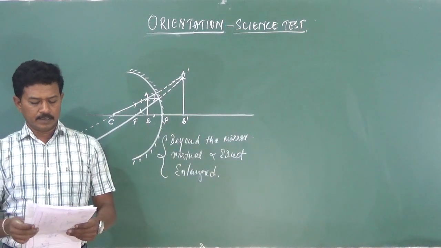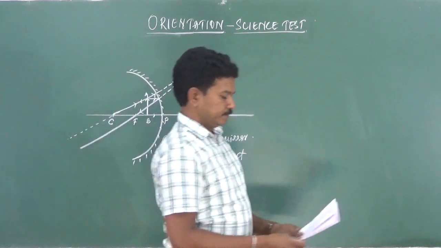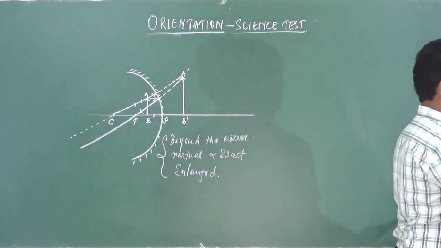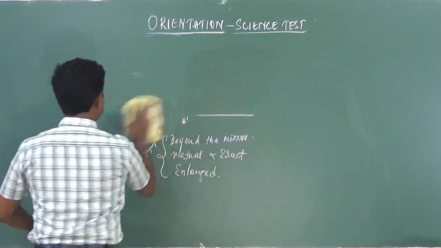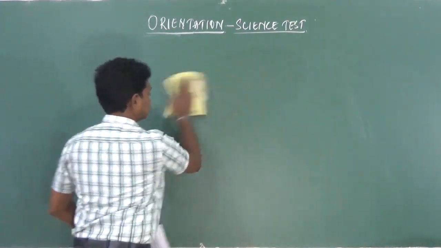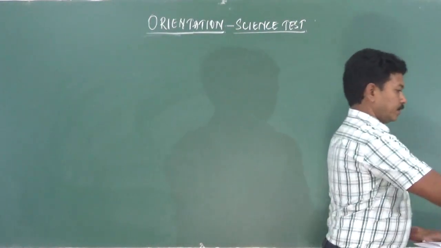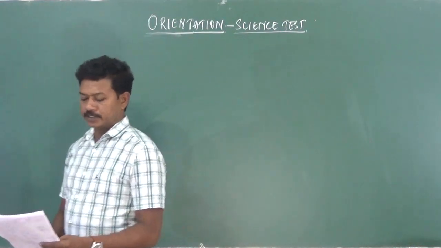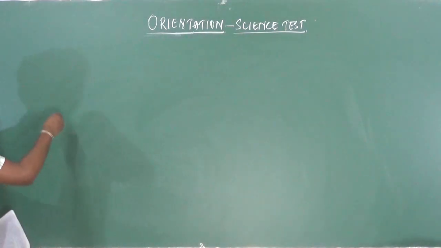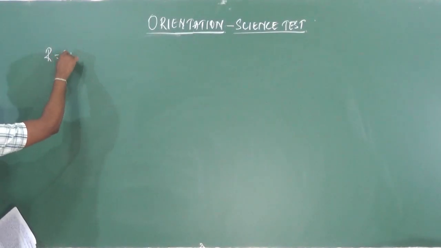Very important: a numerical on convex mirror. A convex mirror used as a rear view mirror in a car has a radius of curvature of 3 meters. So R is equal to 3 meters.